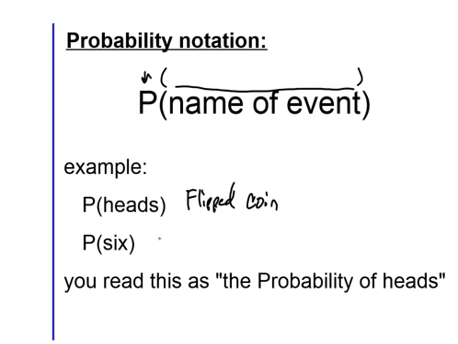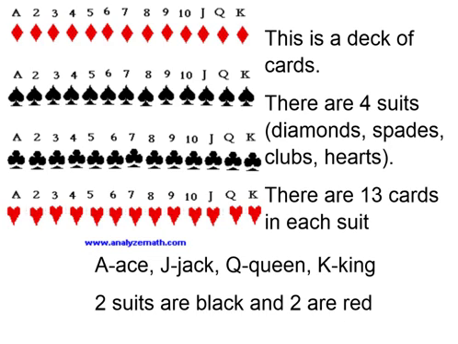P(6) could be in many contexts, such as rolling a die. If you're rolling a die, there are numbers 1 through 6, so this would be the probability of rolling a 6.